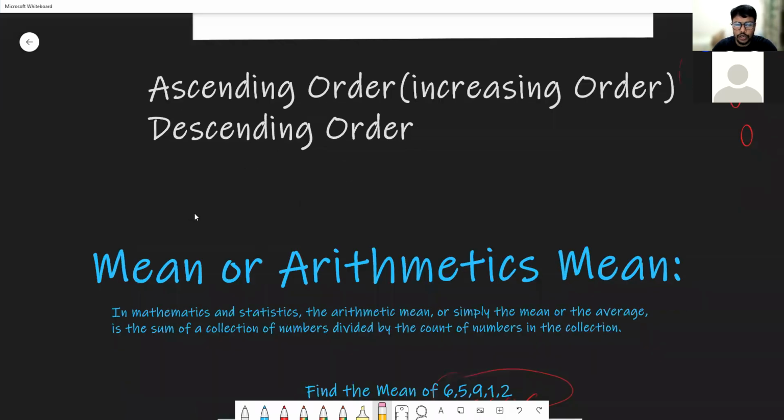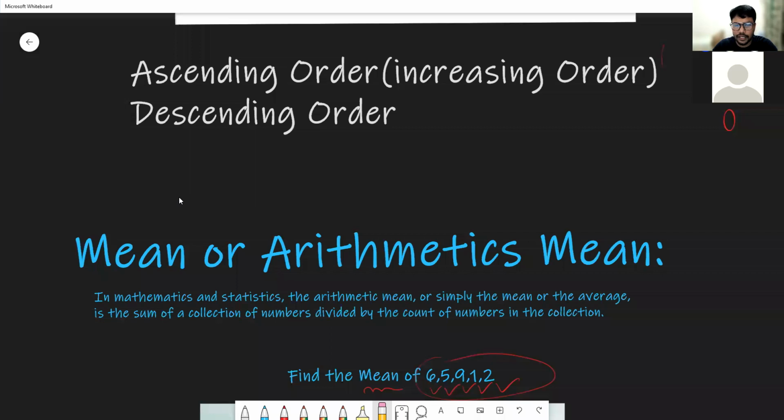Do you know something about the average? Average means the average of everything, like finding average. Yes, finding average. So in class 6, the similar word for average is mean, and sometimes we also call this arithmetic mean.